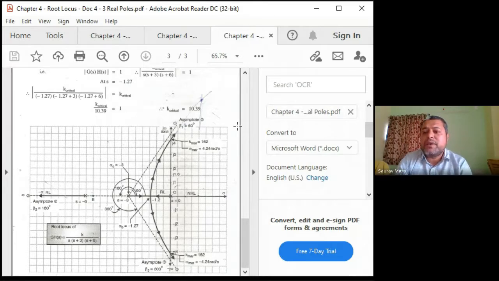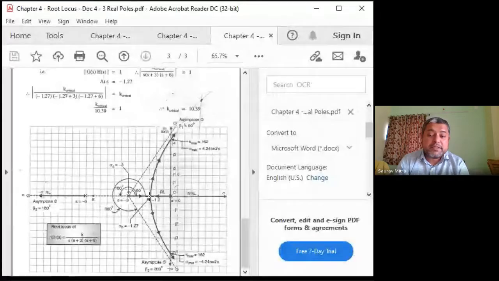So these are the things we have to find out technically. These are the things we are supposed to find out by the root locus plot. And you are finding that initially when k is equal to 0, until the value of k when it comes to the breakaway point, let's say at k equal to 10, it is coming and touching each other. So at the breakaway point, let's say the gain is k equal to 10. That means for k equal to 0 to 10, the root locus will be real.